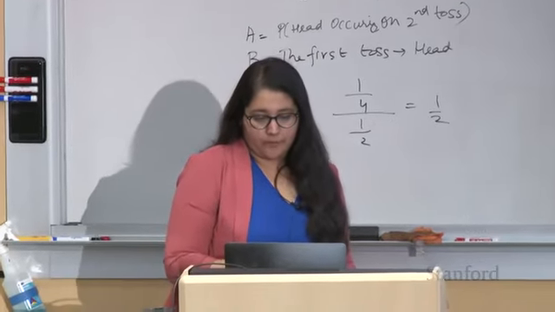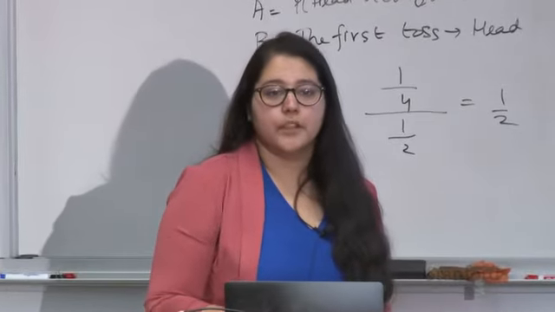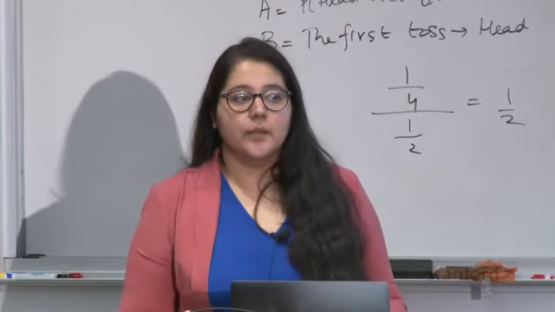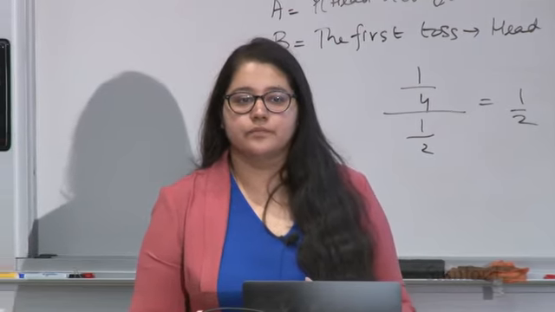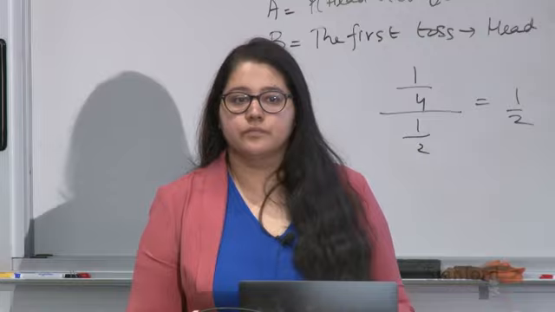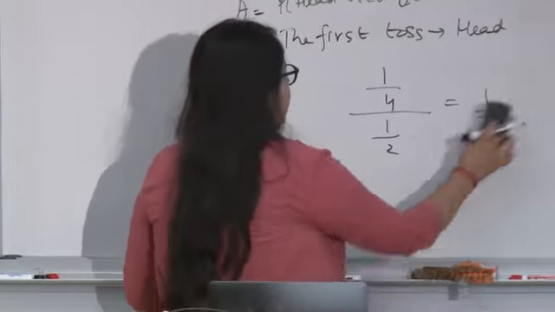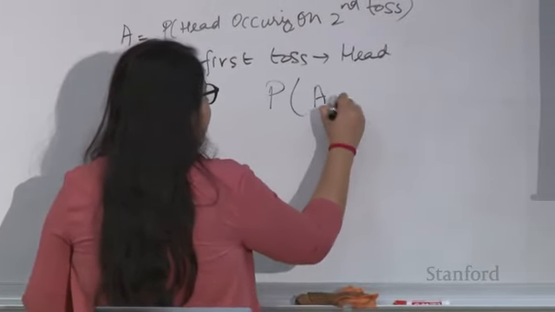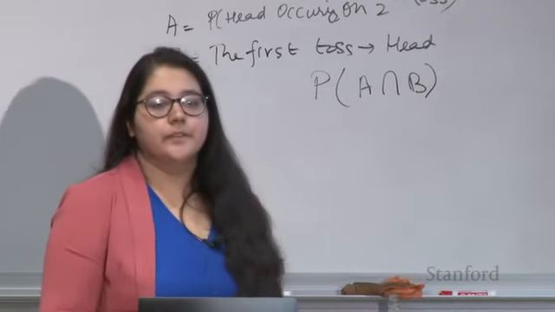Can anyone tell me what will be the probability of A intersection B given that A and B are independent? I want the probability of A intersection B, given that A and B are independent.